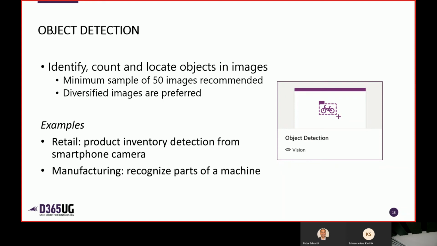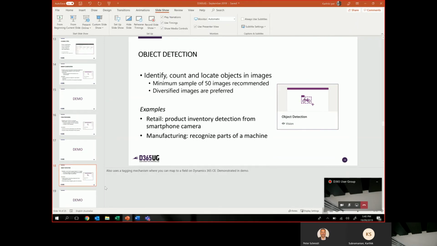Another example is if you're taking a picture of a machine and using field services, you can probably grab information related to that product on the fly. I want to demo this, so I'll create another model.